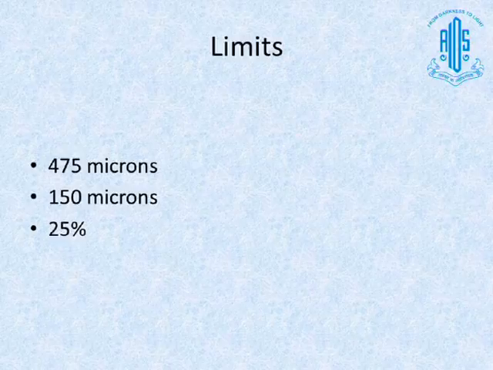Preferably don't go beyond 170 or 175 microns ablation, because once you go into more and more ablation, you would get a lot of unwanted higher order aberrations and poor quality of vision. Another rule of thumb is try not to ablate more than 25% of the total cornea. That means if you have a patient with a 600 micron cornea, then you can ablate 150 microns. So that's another rule of thumb. You can mix and match these and decide how to choose a patient.